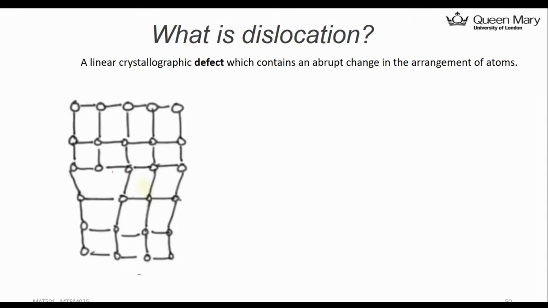So what happens if you load your material, for example, a plate, macroscopically you load it, and then at the micro scale you look at this atom arrangement. So basically we are looking at a stress.